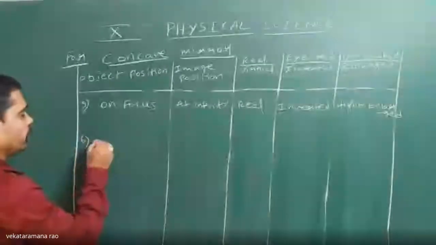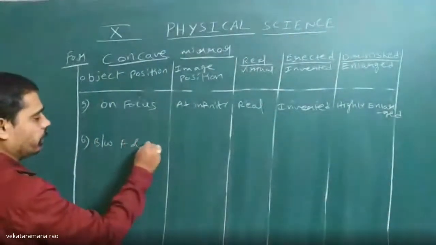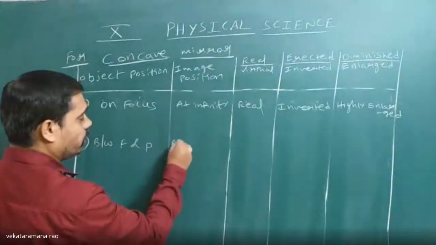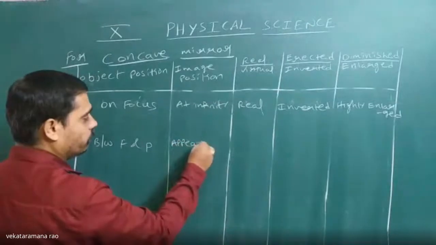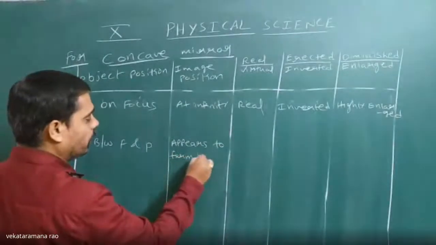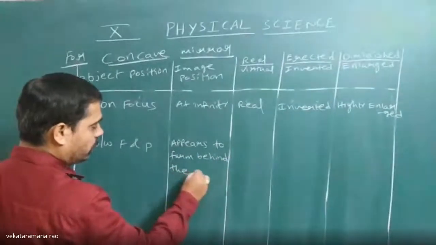Now what about the sixth position? The object will be between F and P, focus and pole. Where are you getting the image? The image appears to form behind the mirror.